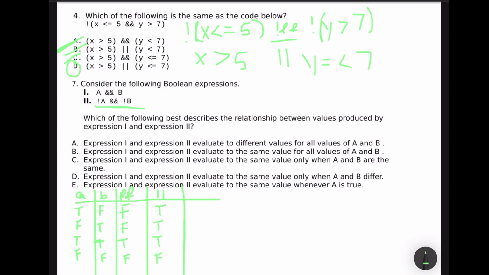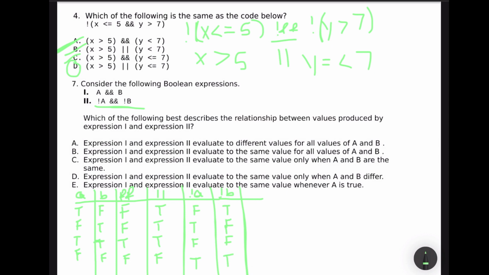Now let's add this into our table. So not A, and then not B. So true, false, true, and then B is true, false, true.